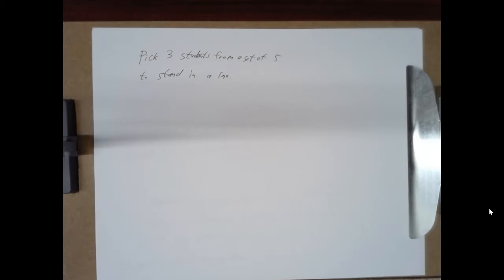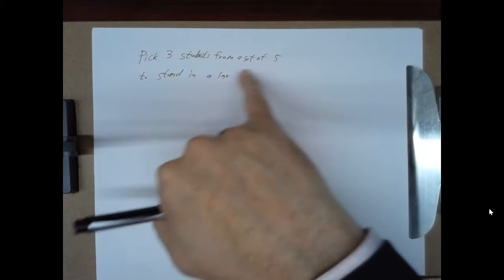All right, if we're picking students to stand in a line, the order is significant. We're going to say which student goes first in line, which student goes second, which student goes third. So this is an ordered arrangement of 3 students out of 5.